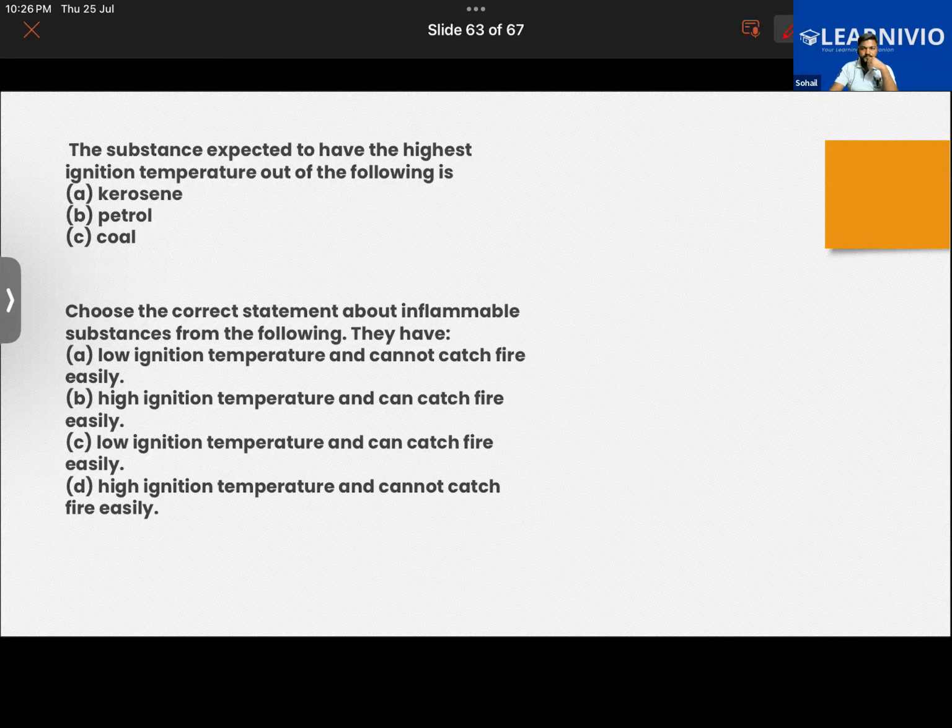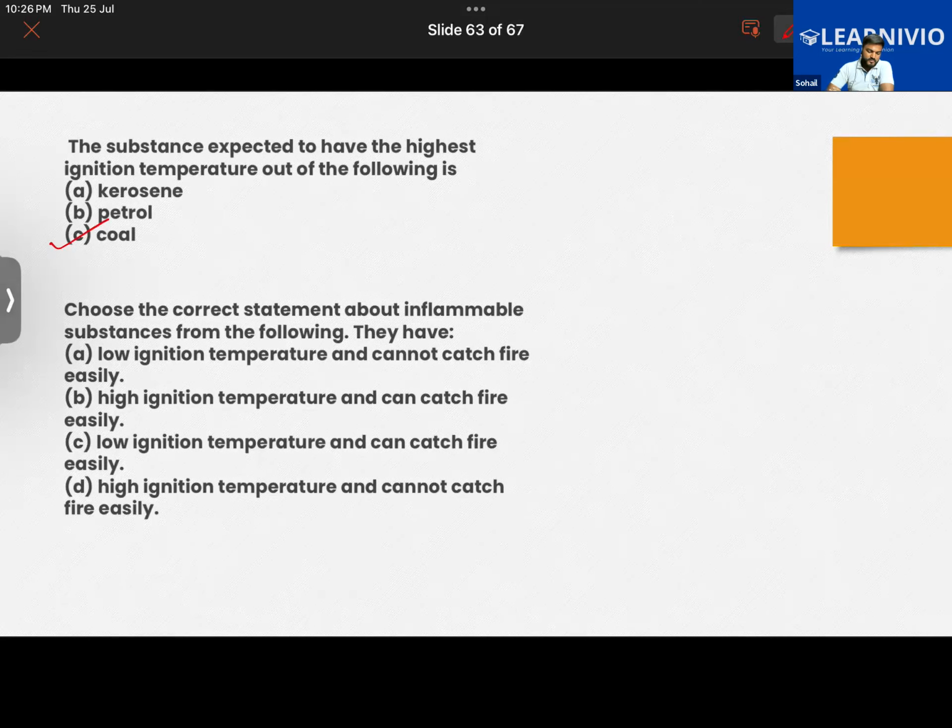This one. The substance expected to have the highest ignition temperature out of the following is coal. Very good. Next. Choose the correct statement about inflammable substances from the following. They have low ignition temperature and cannot catch fire easily.